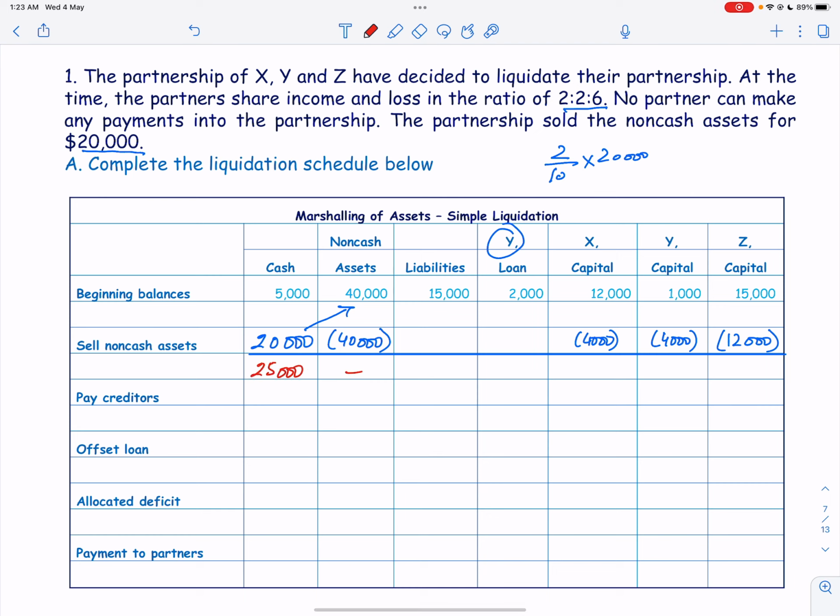This becomes 0, 15,000, 2,000, 8,000, 3,000, and 3,000. Then they are going to pay the creditors. The creditors are 15,000.